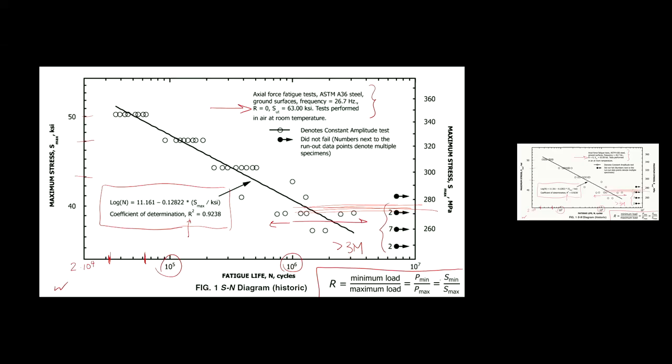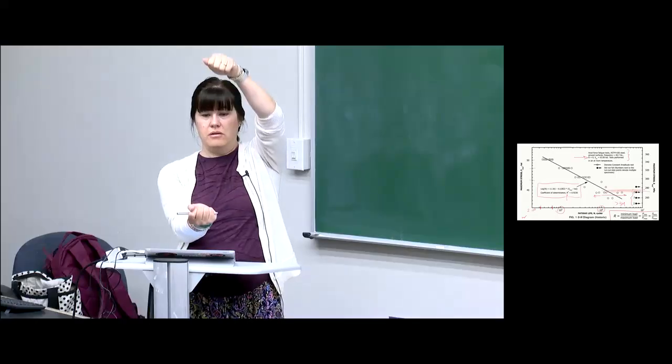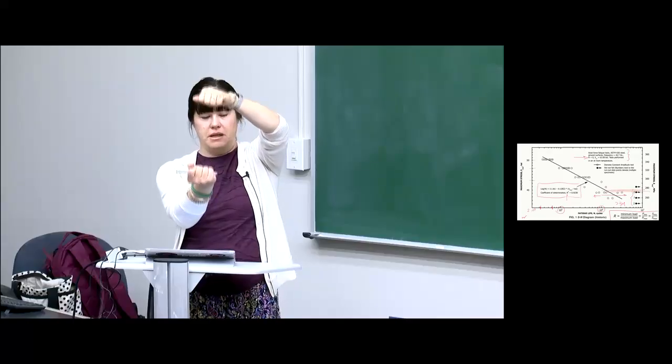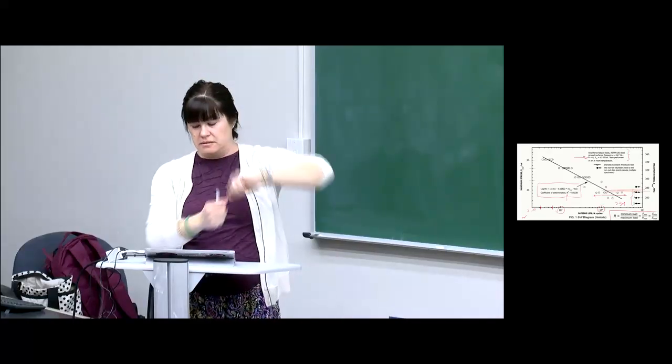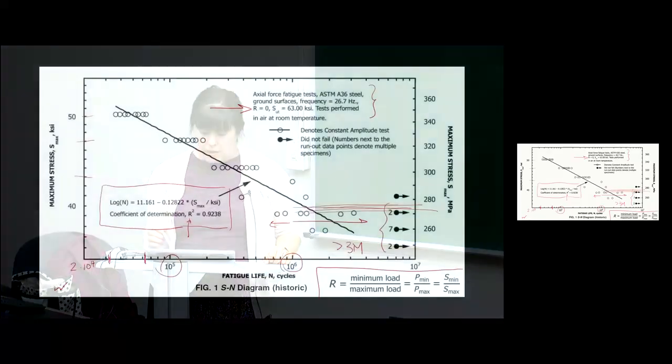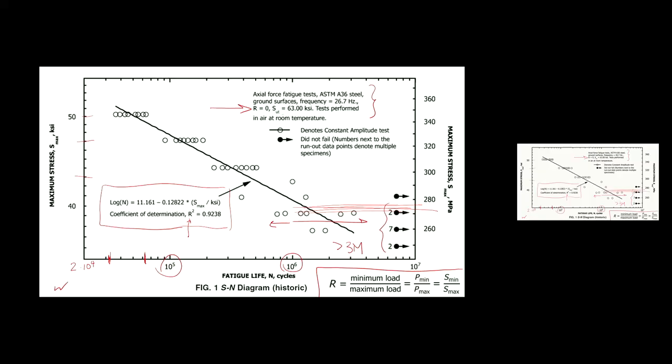That is a ratio of the minimum load to the maximum load, or minimum stress to maximum stress. And so if R equals 0, that means it's an axial load and then back to 0. And then an axial load and then back to 0. It has an ultimate tensile strength of 63 KSI, and tests performed in air at room temperature.